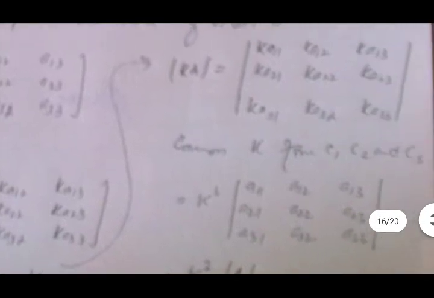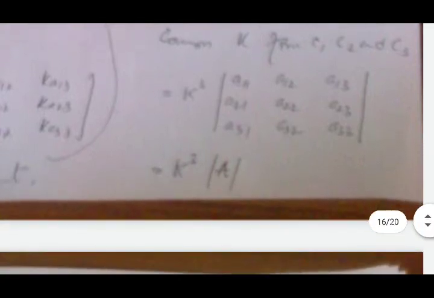When we multiply a matrix, it multiplies by all values of the matrix. Now it is a determinant. Now we can only take K common from each column or each row. Therefore 3 K's are common, and it is K cube. Now this is the right hand side.